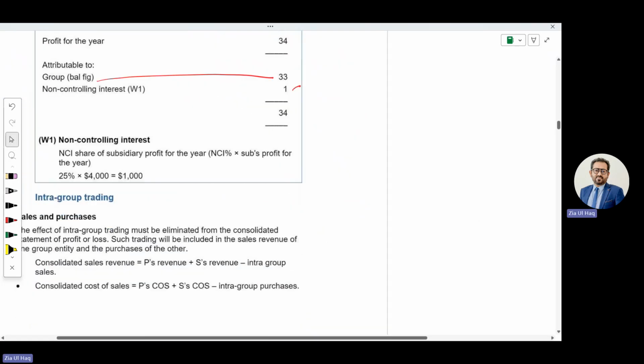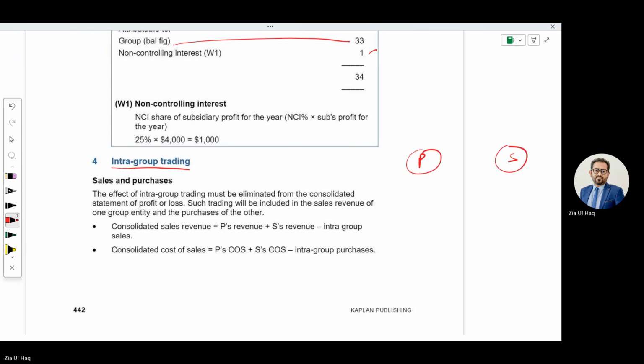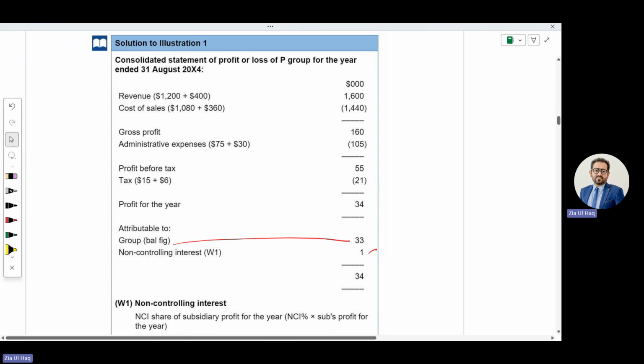Let's move forward. We have learned in the previous lecture that there could be some intra-group transactions, like the parent having sold some goods to the subsidiary, and the subsidiary selling some goods to the parent company. For that, we need to deduct that sale from revenue and deduct those purchases from cost of sale.